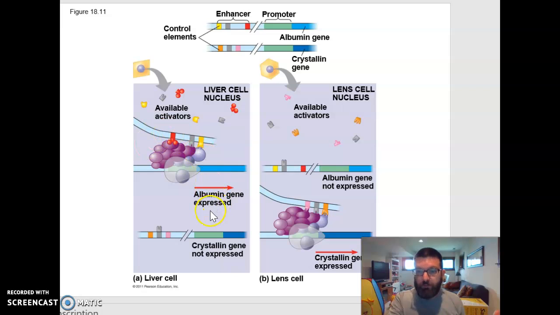For instance, albumin, which is a blood protein. Well, you find the same genes in both of these cells, right? They have the same exact DNA, but different activators are available in a liver cell versus a lens cell. And these activators in a lens cell are going to turn on the crystallin gene. These activators in a liver cell are going to turn on the albumin gene, and also lots of other genes that are important for liver function.